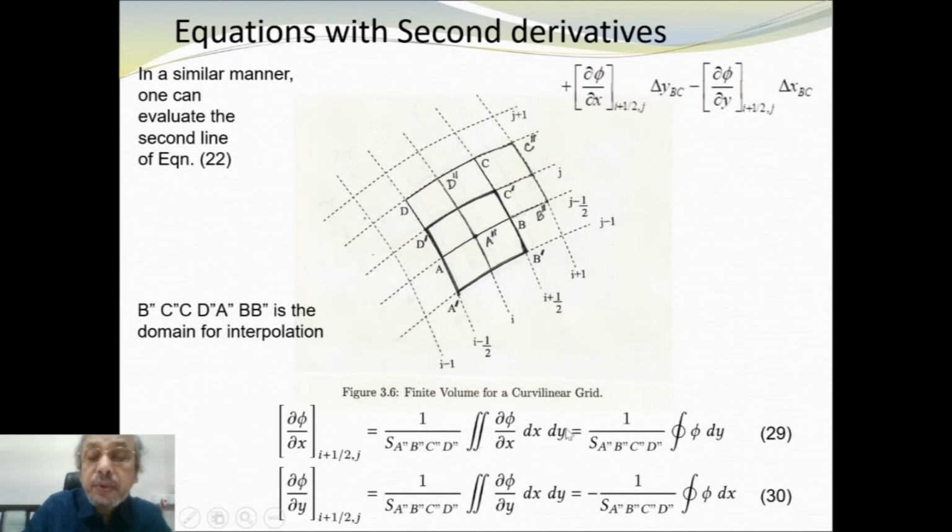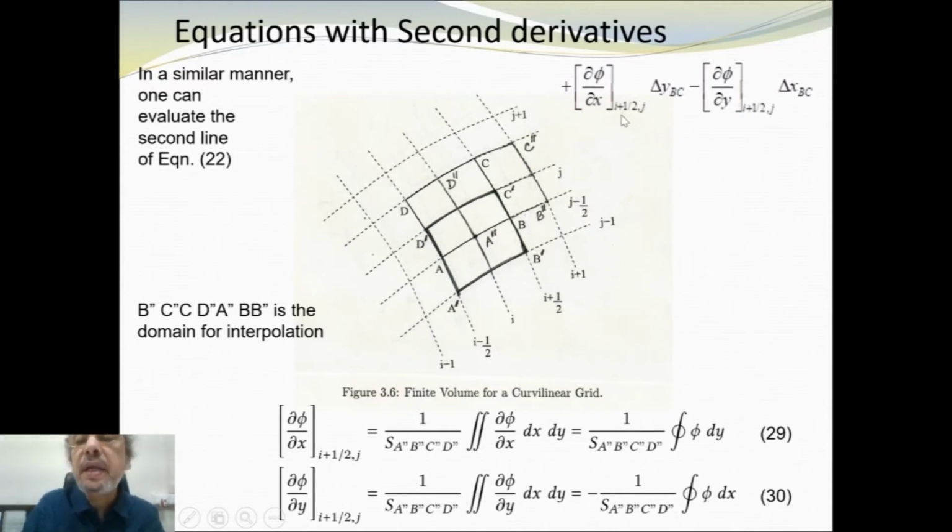And again, if we apply Green's theorem here, this means 1 by area times the line integral of phi dy, and del phi del y at again the same point I plus half j is 1 by area times the surface integral of del phi del y dx dy, which is equal to minus 1 by area into the line integral of phi dx. We did the same thing in our earlier case for evaluating the first line of equation 22.